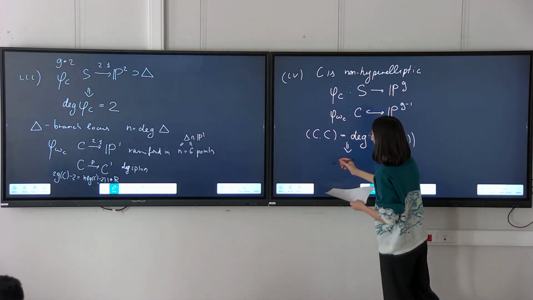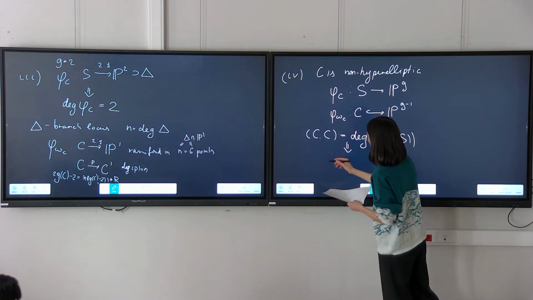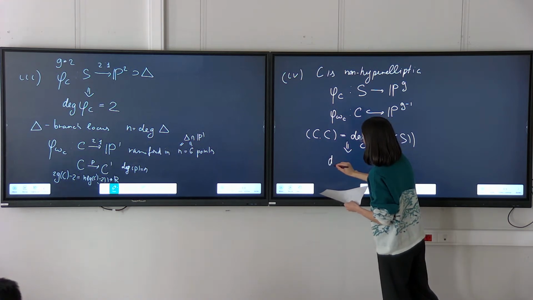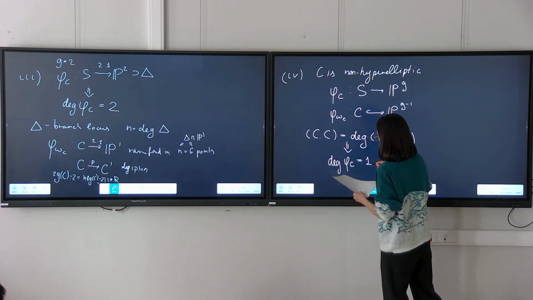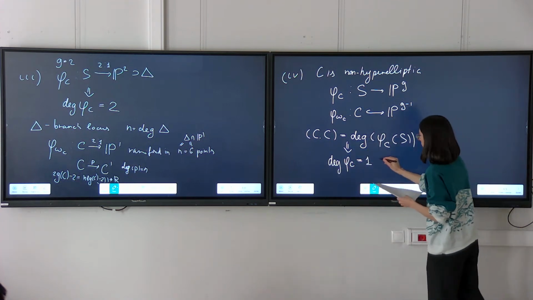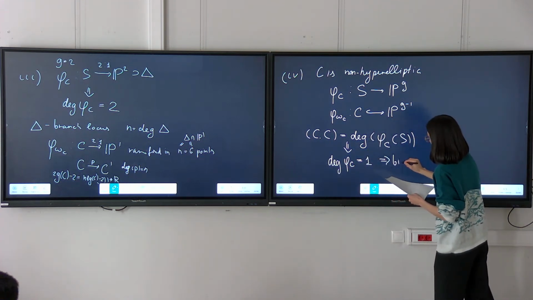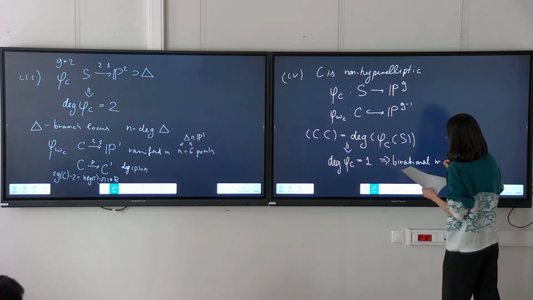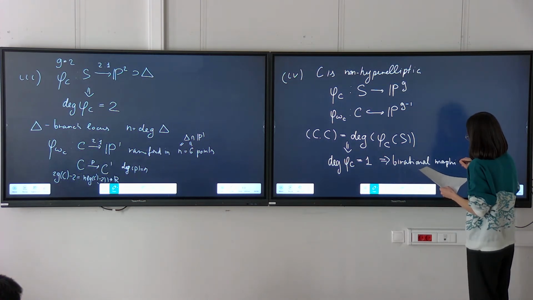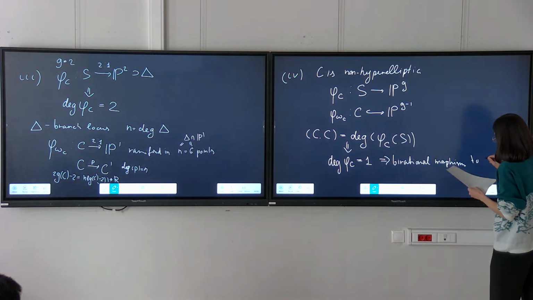So from this and from the above formula, we obtain that degree of C is equal to 1. So this is a birational morphism to its image.